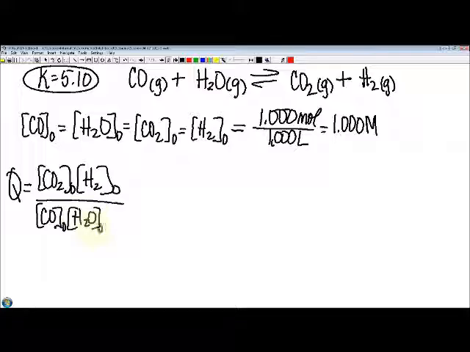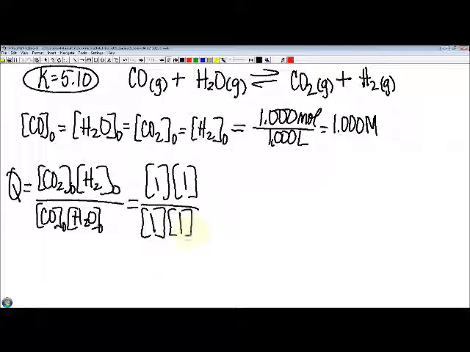So we can plug in our 1s. They're all 1, and I'm going to save space by just putting 1 without all the decimals. 1 times 1 over 1 times 1 all equals 1.